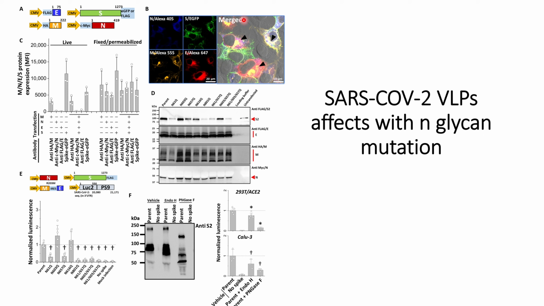This is the merged figure where all four plasmids can be seen in the perinuclear region of the cell. So this figure shows that all of these structural proteins are formed near the perinuclear region.